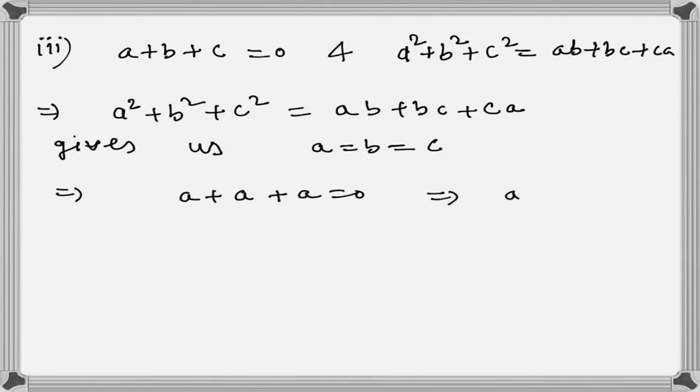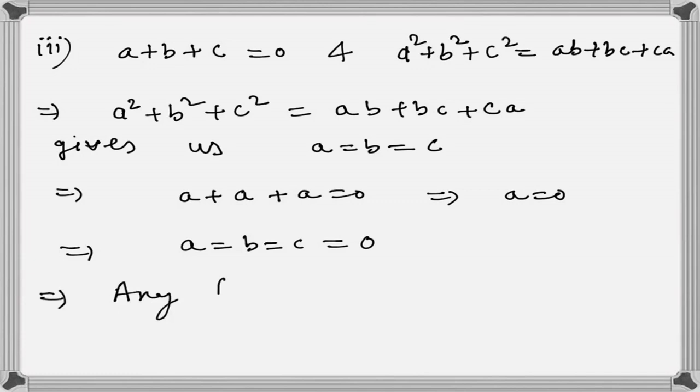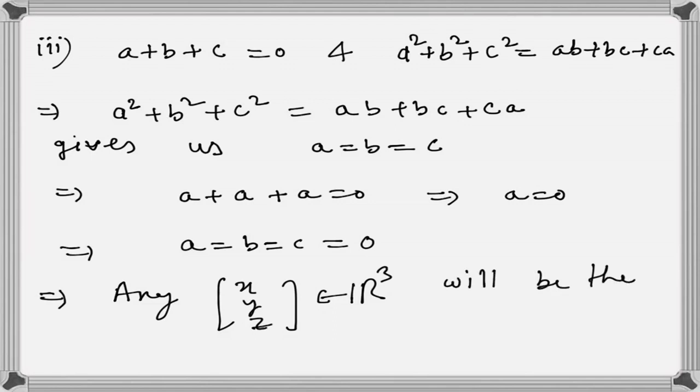This implies that A is 0. This implies that A is equals to B is equals to C is equals to 0. So this implies that any x, y, z belonging to R cube will be the solution of the system of equations.